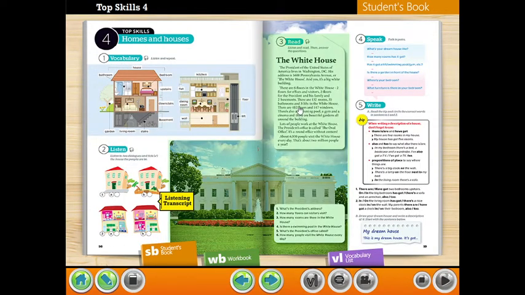And then we moved to the USA, to Washington, and we visited the White House and saw how many rooms, how many windows, etc. there are in the White House. Here, I reminded you how to describe the place where you live. What are the expressions that you usually use when you do that?